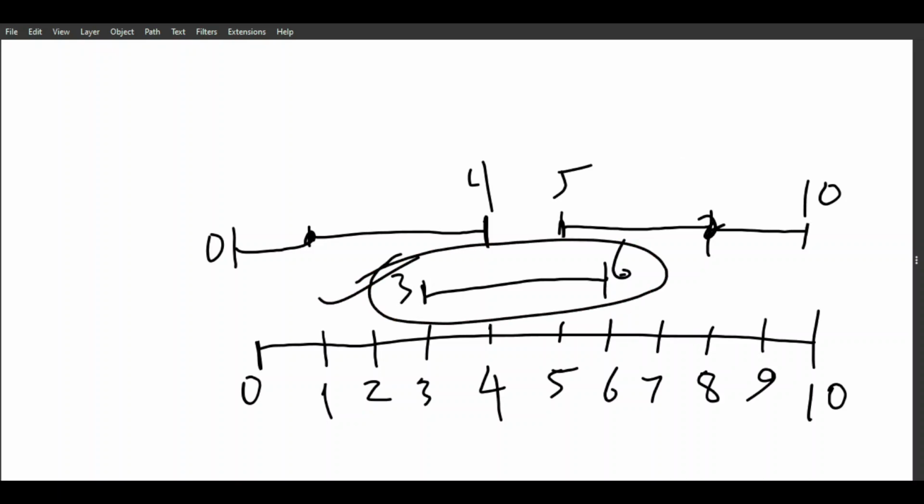Once we choose this, we have to remove the other 2 intervals, so we get only a single interval. You can easily see that the optimal solution is 2 intervals: choose 0 to 4 and 5 to 10. So the second heuristic also does not satisfy the greedy choice property.